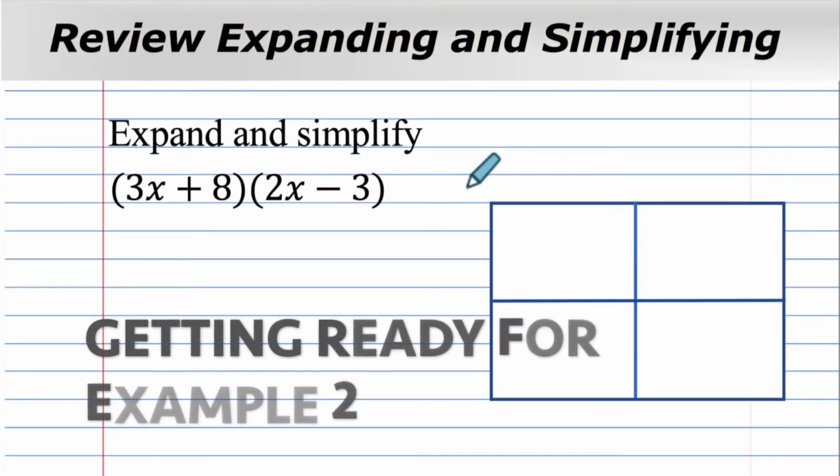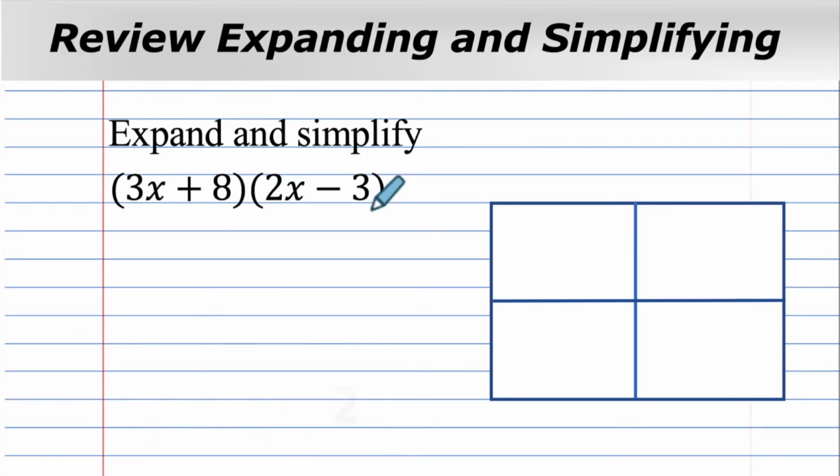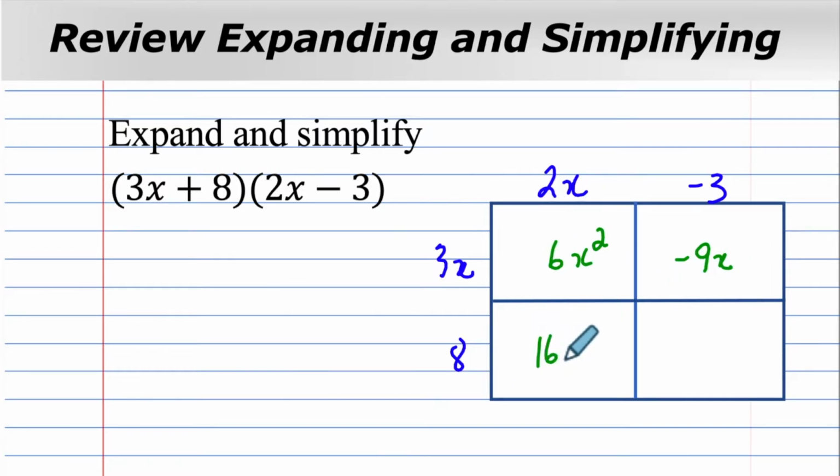Before we move on to the second example, let's review expanding and simplifying for this question. 3x times 2x is 6x squared. 3x times negative 3 is negative 9x. 8 times 2x is 16x.